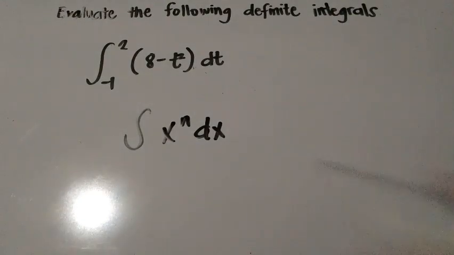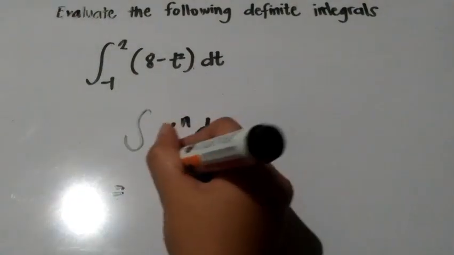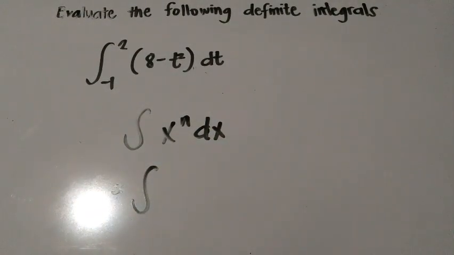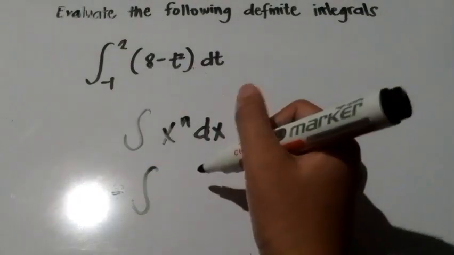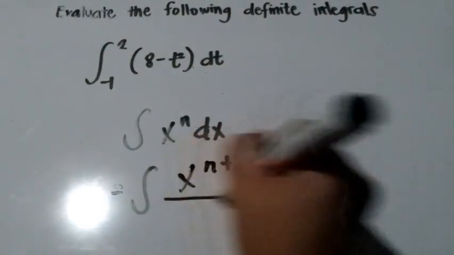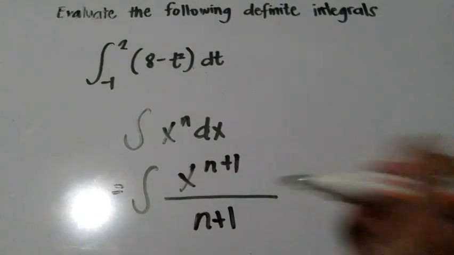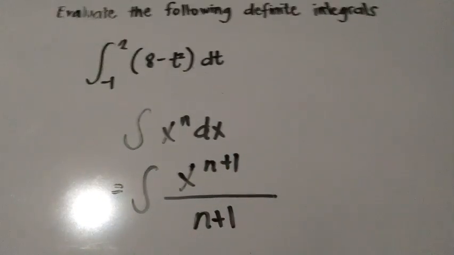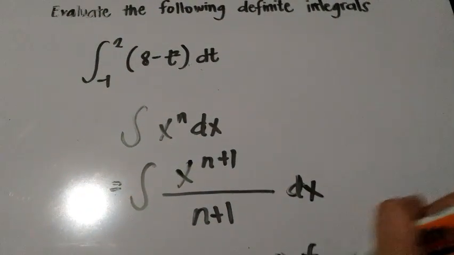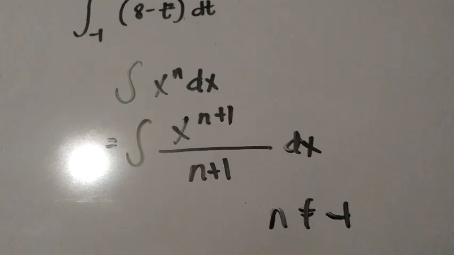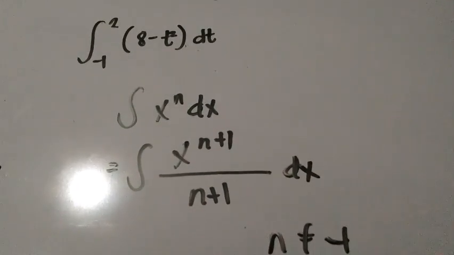If we encounter a variable with an exponent, we should add 1 to the exponent. So it becomes x to the n plus 1 over n plus 1, plus dx, wherein n is not equal to negative 1. So those are the formulas that could help us solve both definite and indefinite integrals.